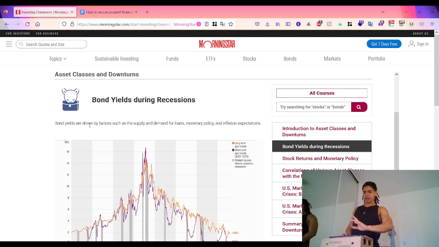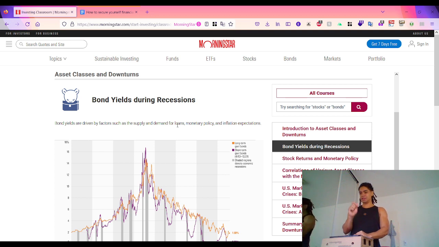So bond yields are driven by factors such as the supply and demand for loans. If I recall well from the history of interest rates in that particular section of the importance of staying invested in the market, the loanable fund market, like the stock market, the bond market is also affected by the state of the economy.